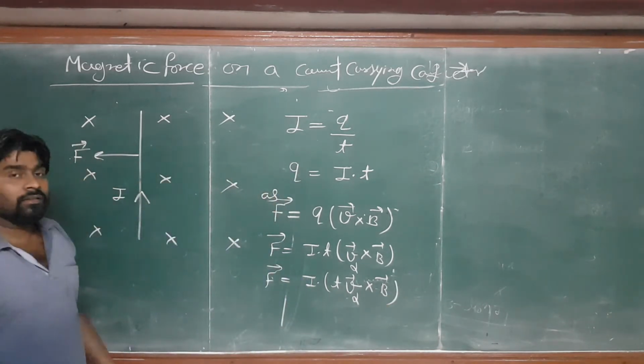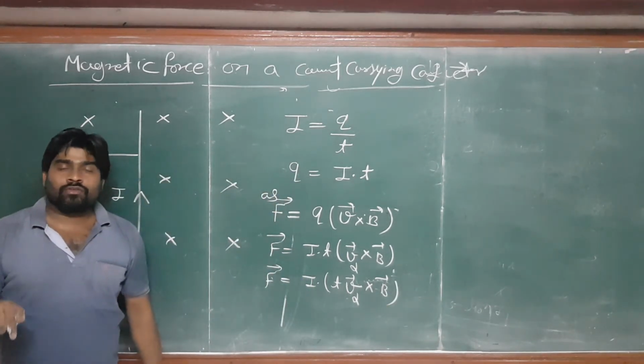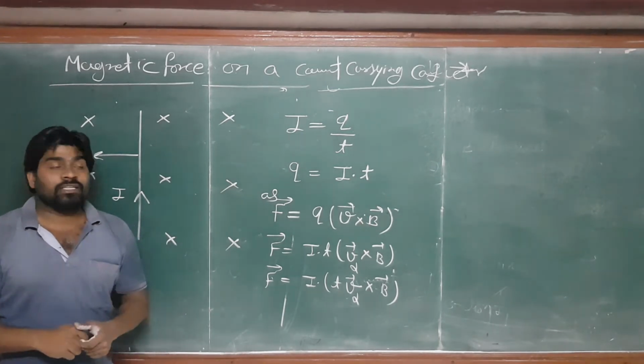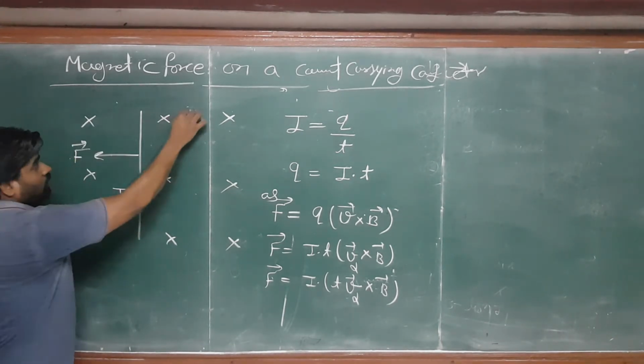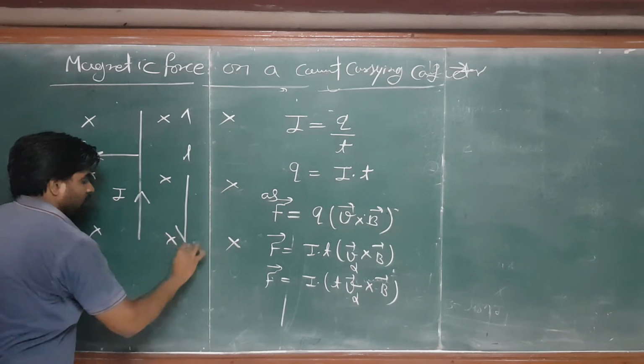The speed is equal to distance upon time, so speed into time is equal to the distance, where the distance is equal to the length of the straight current carrying conductor.